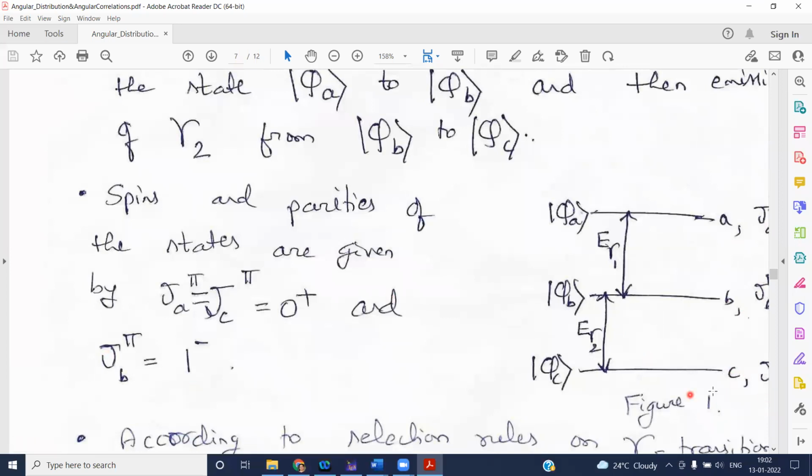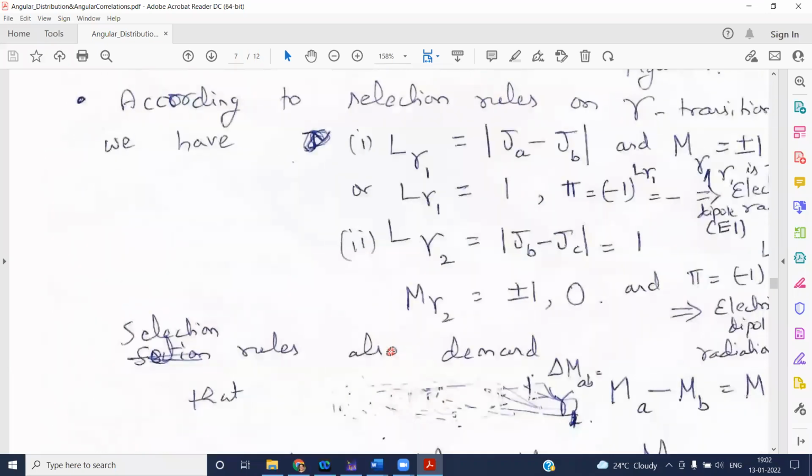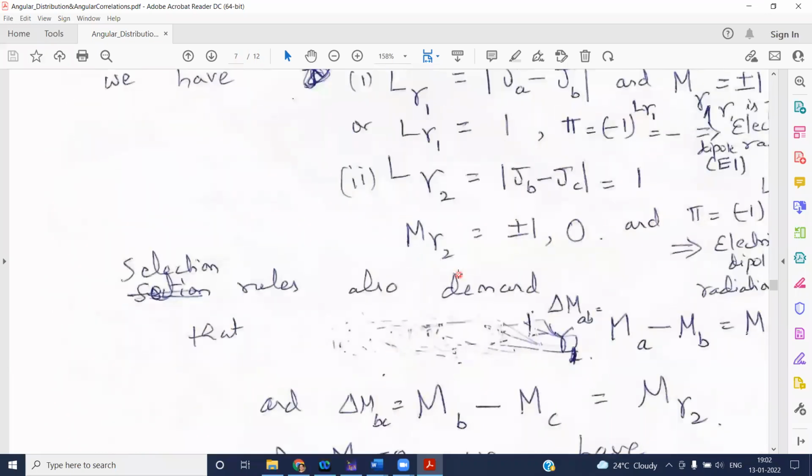It is 0. So MC is 0, and M gamma 2 has to be plus or minus 1 and 0. That is MB minus MC.